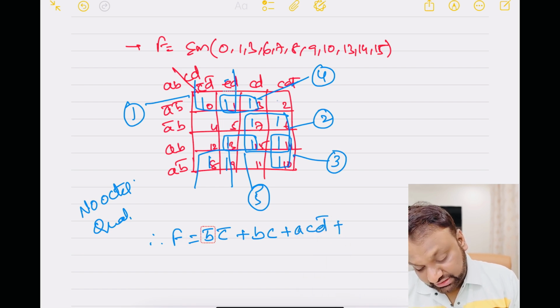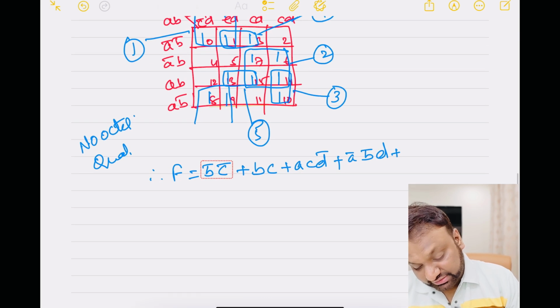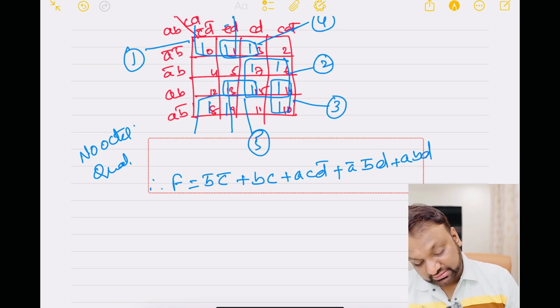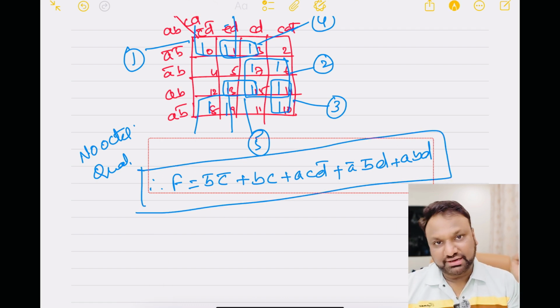Plus for the fourth one, what is common? A bar B bar D. And for the fifth one, A B D. So this is my minimized answer in one step.